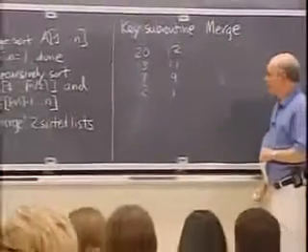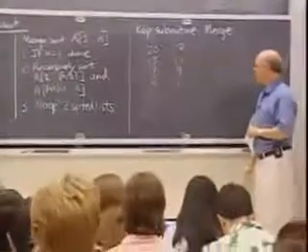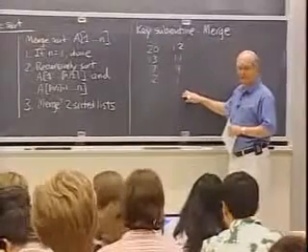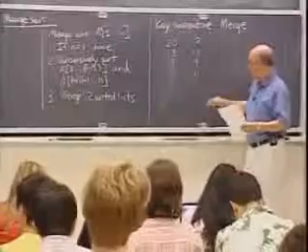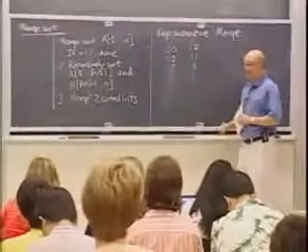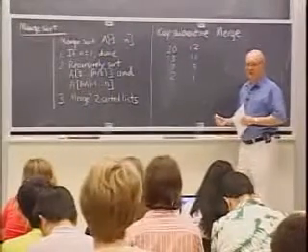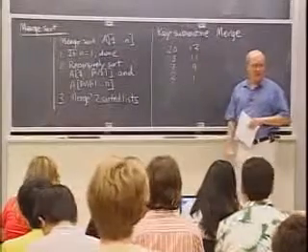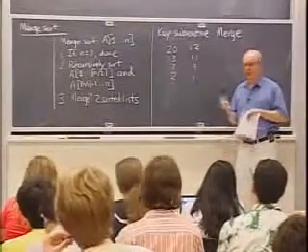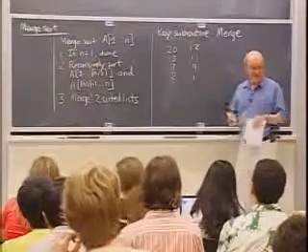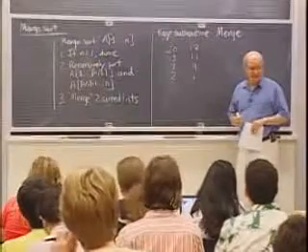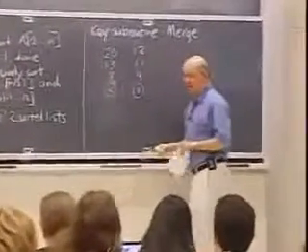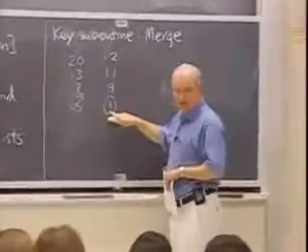Okay. And now to merge these two, what I want to do is produce a sorted list out of both of them. So what I do is first observe where is the smallest element of any two lists that are already sorted. It's in one of two places, the head of the first list or the head of the second list. So I look at those two elements and I say, which one is smaller? This one is smaller.